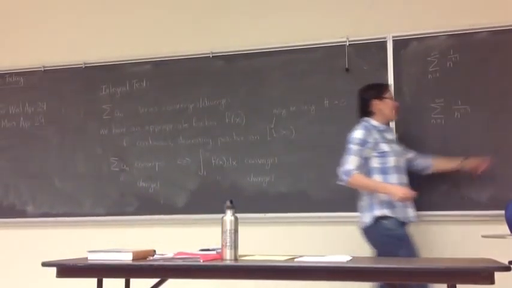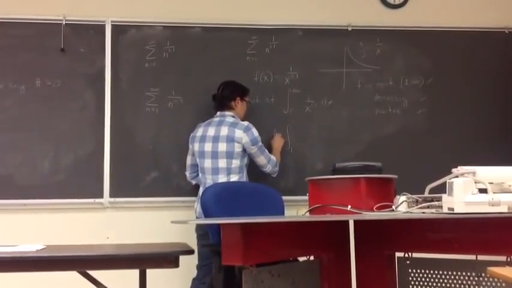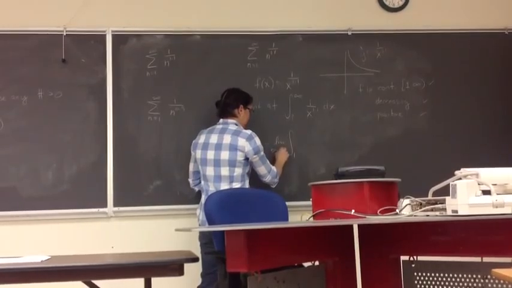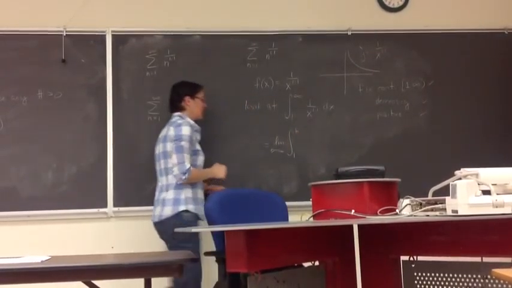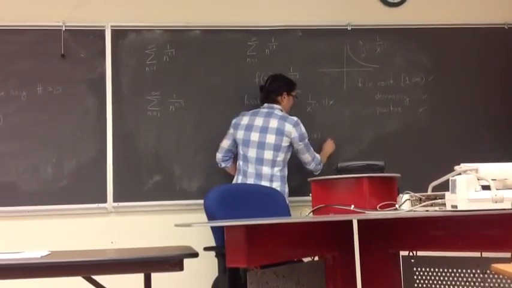Okay, so here we have our integral, and first of all, we want to change this to a proper integral, and so we have the integral from 1 to b of x raised to the negative 1.1 dx.